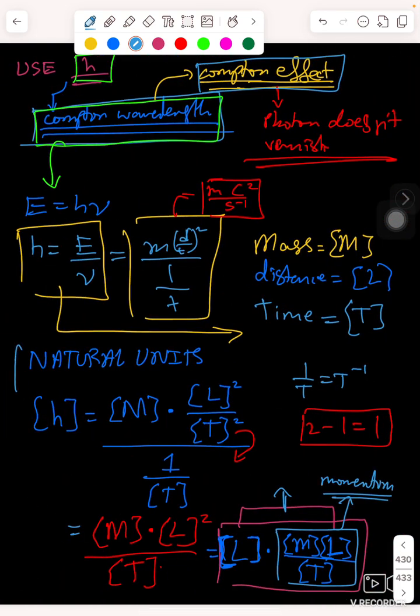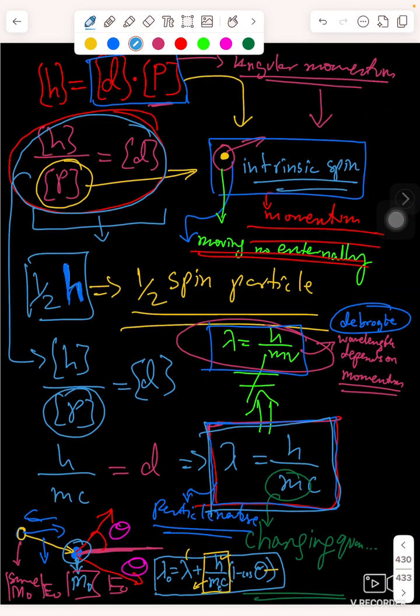So this here is the derivation for the Compton wavelength using natural units, using Planck's constant, which also tells us about the spin of a particle. If we talk about an intrinsic spin, what is it? Intrinsic spin is the spin of a particle which is happening because of what it is and not what it is doing.